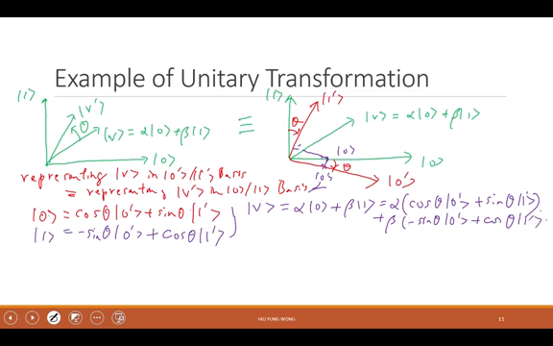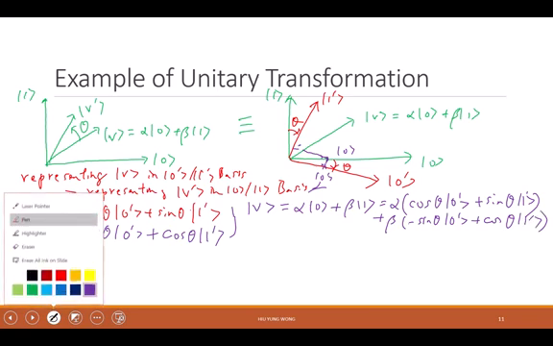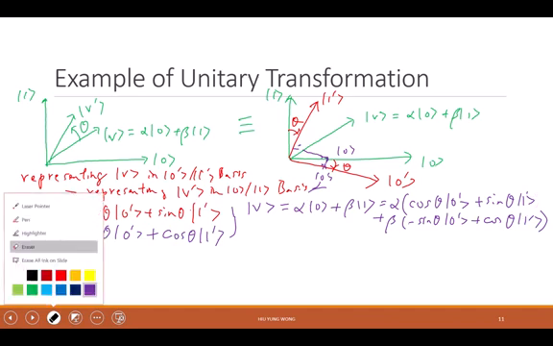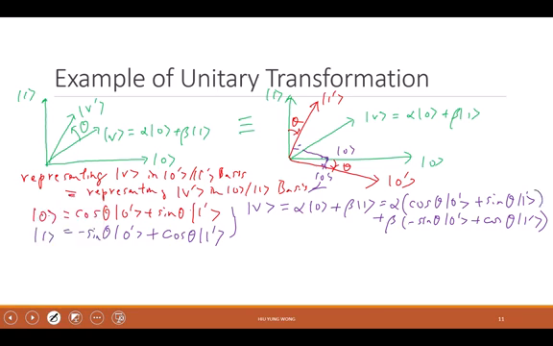Is this okay? I just do substitution. Just take this equation for granted. You need to derive it if you forgot.